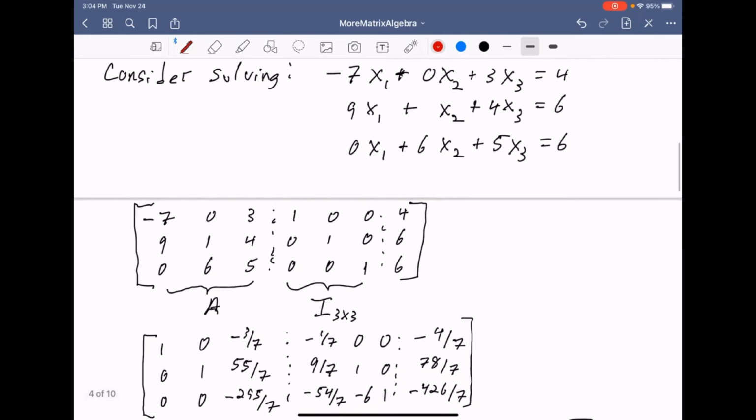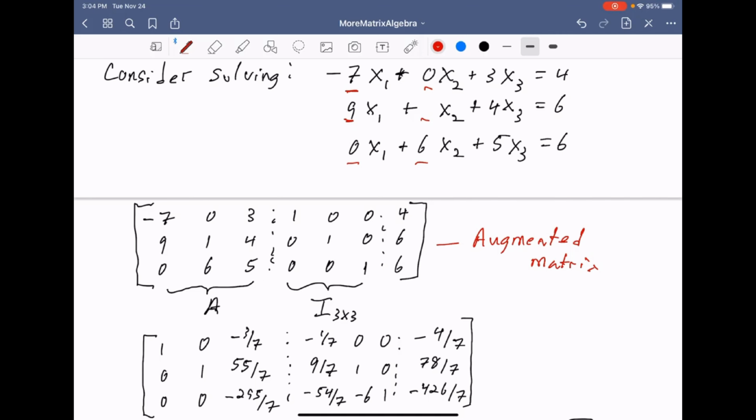We set this up as an augmented matrix, where we have a matrix which we denote A, which consists of the parameters of the left-hand side parts of the equations that we wish to solve. So you'll see minus 7, 9, 0, 0, 1, 6. Those are the two columns in A, and 3, 4, 5 is the last column.